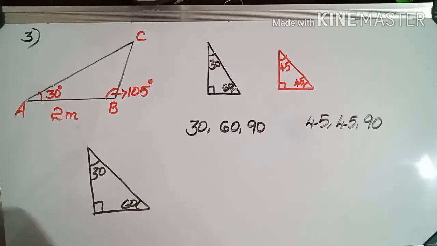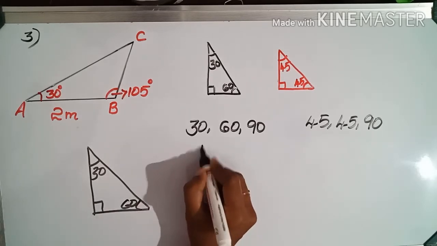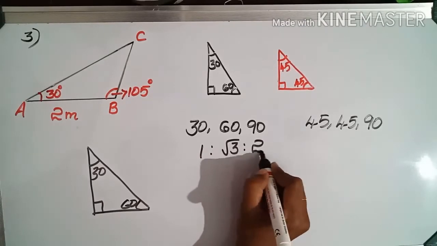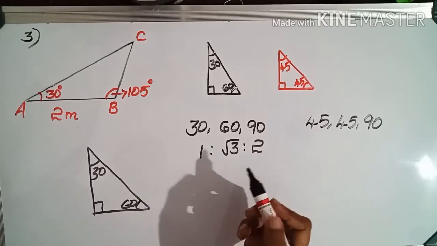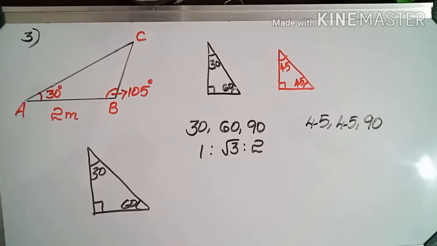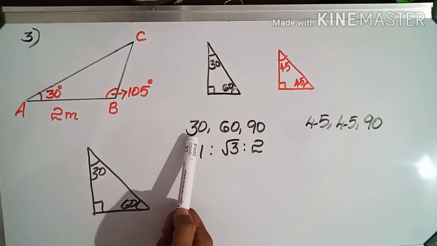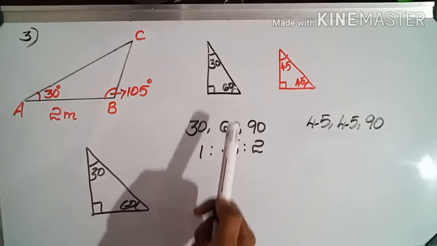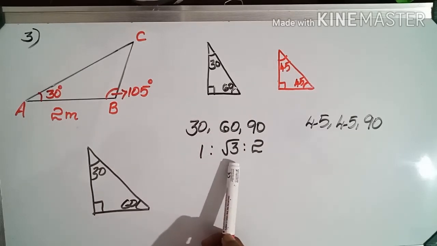The sides of these triangles will be in a particular ratio, that is 1 is to root 3 is to 2. This is the ratio concept for all triangles with angles 30 degree, 60 degree, 90 degree.